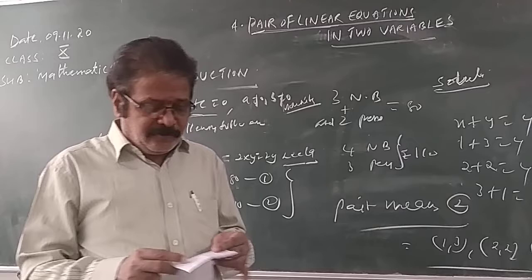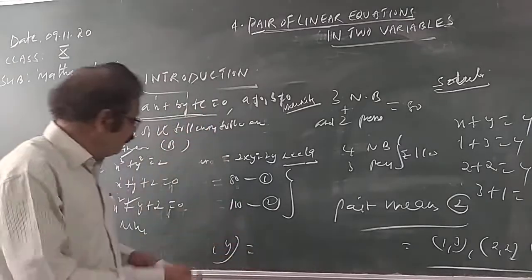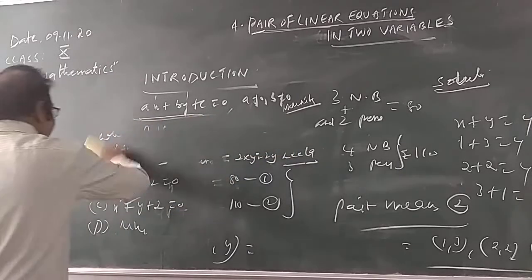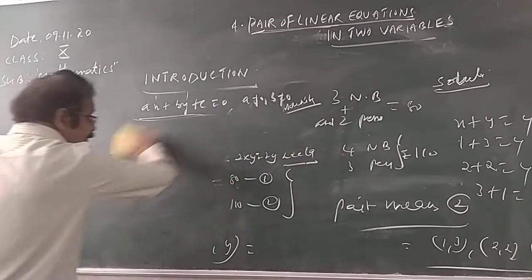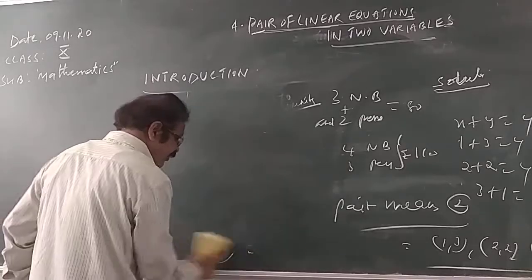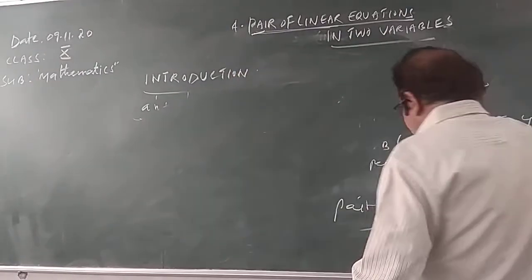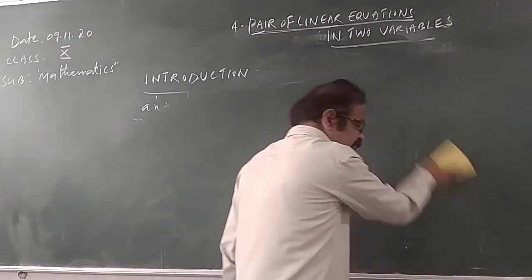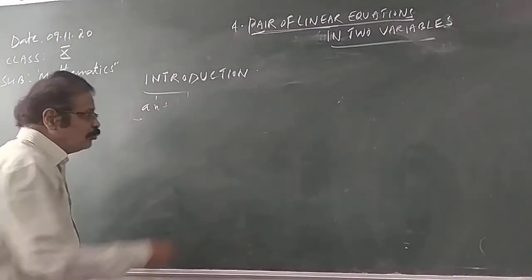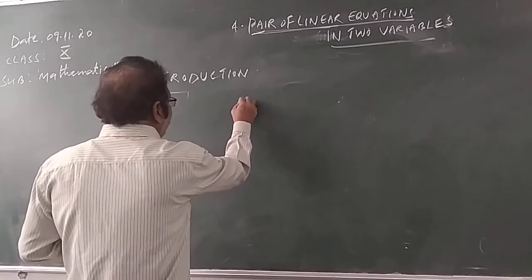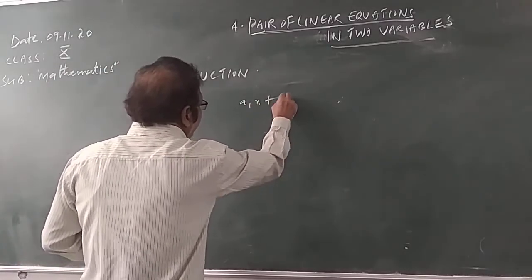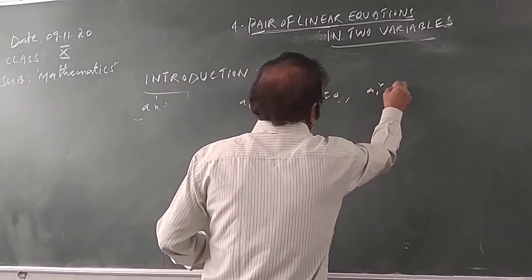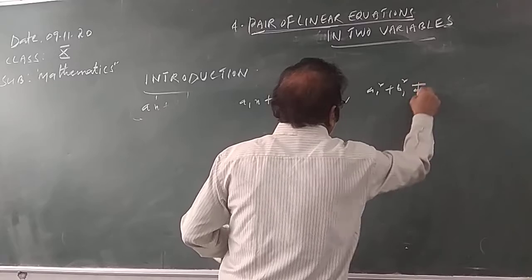So, how do we formulate two linear equations? That is the general form of a pair of linear equations. Pair means two. So far we discussed a linear equation in two variables, whose general form is ax plus by plus c equal to 0. For a pair of linear equations: a1x plus b1y plus c1 equal to 0, with the condition a1 square plus b1 square is not equal to 0.